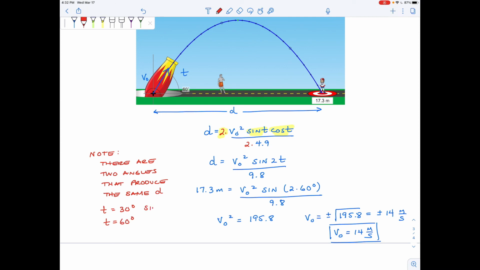And the reason why that works is because the sine of 2 times 30 degrees and the sine of 2 times 60 degrees, well, that gives you sine of 60 and sine of 120. These are equal to each other. So they'll end up giving you the same distance.